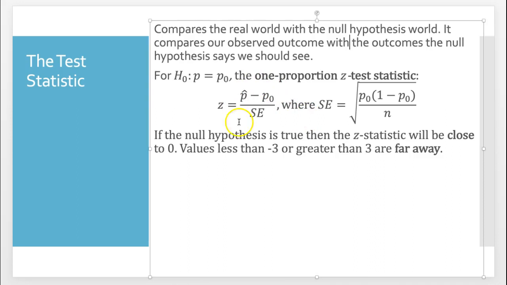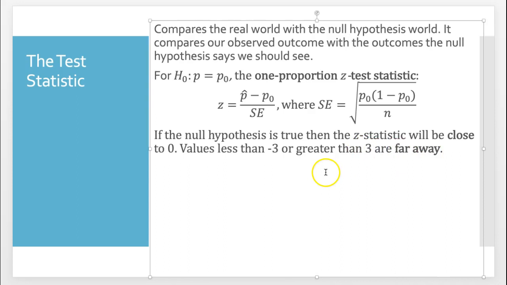If the null hypothesis is true, then the Z-test statistic will be relatively close to 0, meaning maybe between 1 and -1, or -0.5 and 1.5. And definitely values less than -3 or greater than 3 are far away.